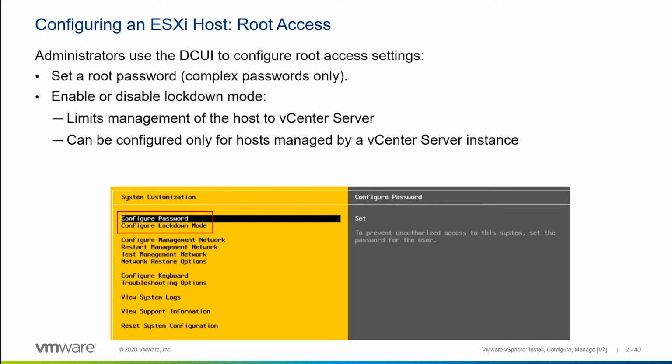Lockdown mode is a very nice feature that has to do with the security of ESXi, but also the management of ESXi. When vCenter comes in to manage ESXi, we want to make sure that users aren't directly attaching to ESXi to do the management, because vCenter keeps a periodic check on ESXi to make sure it knows what virtual machines are running there and how performance is doing and that sort of thing.